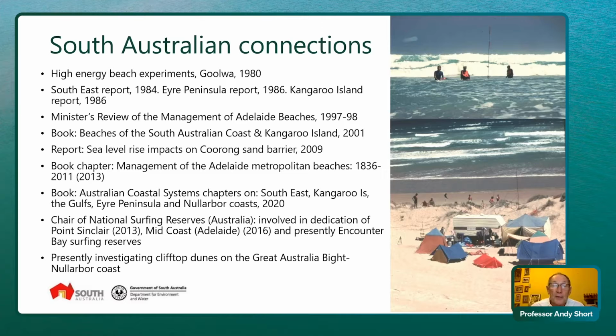I'm also presently working, as I mentioned, on the Bunda Cliffs, looking at the evolution of the clifftop dunes that cover hundreds of kilometres of the cliffs of the Great Australian Bight. So I've had a long and fairly broad association with the South Australian coast, which is, of course, one of my favourite coasts in Australia.